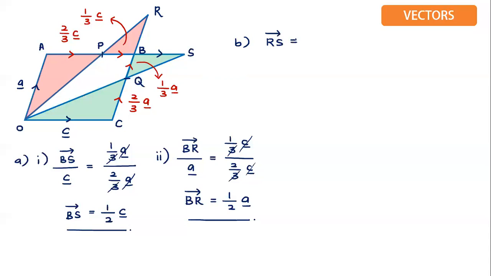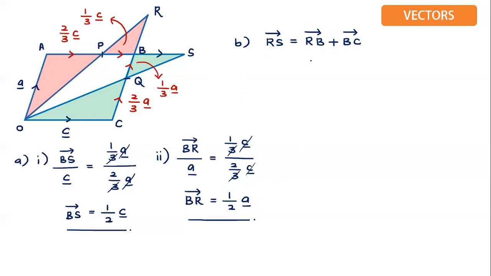I think for RS we can use the vector idea, class. To find RS is RB plus BS. Class, here we have BR, but the question is asking us for RB.